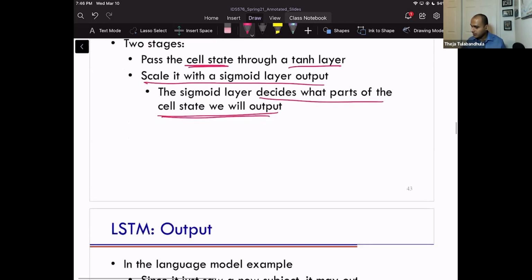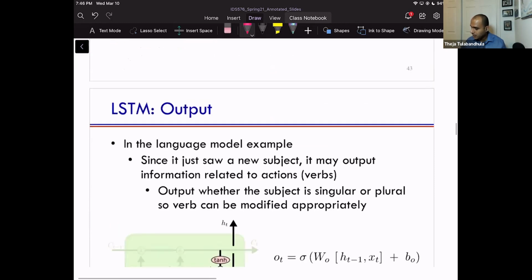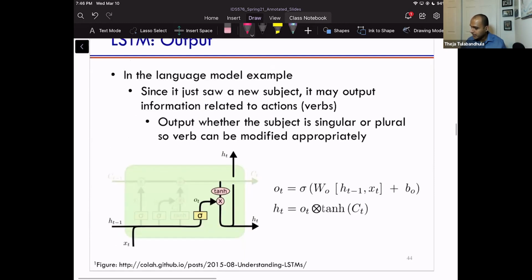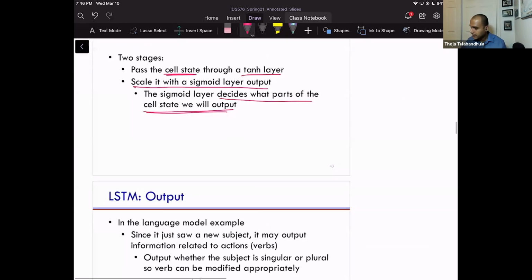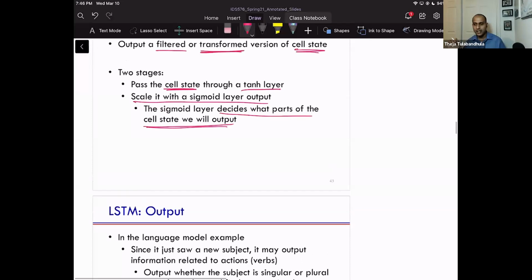So let's focus on that. Actually, this is not a tanh layer, it's a tanh function. I'm sorry about the notation here. As you can see in the diagram, the tanh is a circle, not the yellow block.